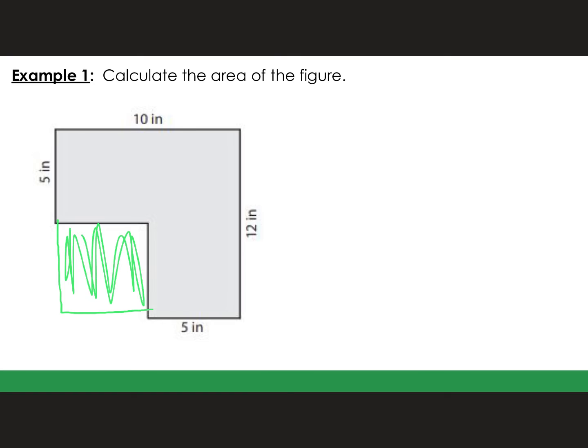So we have a shape that, if I draw this correctly, is 10 by 12. And we need to know what we're finding the area of, first of all. So it's a rectangle, right? It's 10 by 12, 4 sides, 4 right angles. So our formula is base times height.